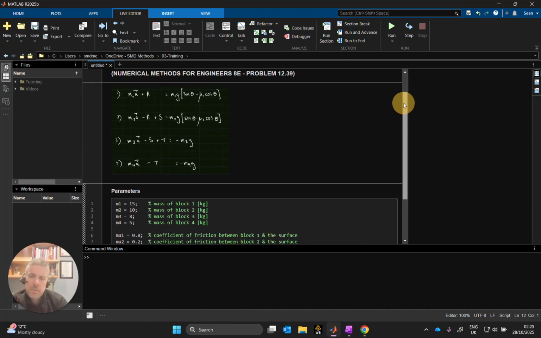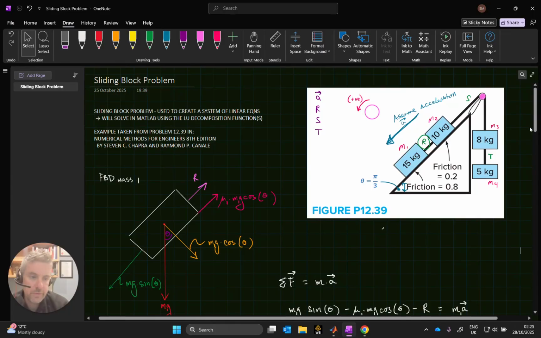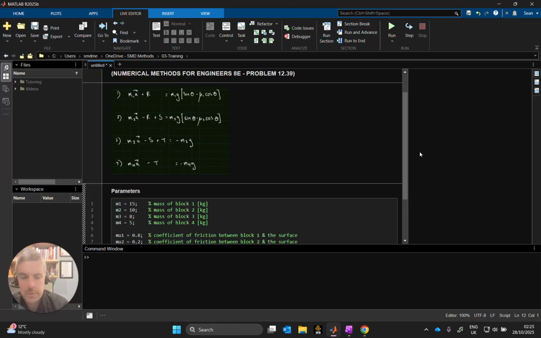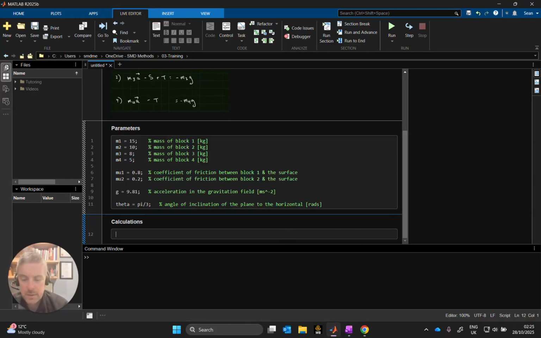We're going to model them as if they were in matrix multiplication format, which is AX equal to B. So the A there is going to be our coefficient matrix, and it's going to truly reflect what we have written here. So let's call our coefficient matrix A for now. Let's open it up, and I'm going to have M1 in the top row.